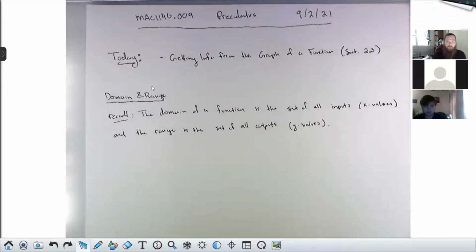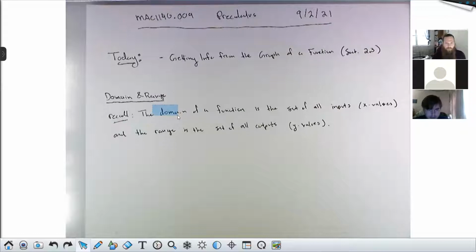So remember, inputs are on the horizontal axis, and usually we call those x values. They could be t or something else if we use a different variable. But the inputs are always the thing on the horizontal axis, and the outputs are always the thing on the vertical axis. And most of the time, we call those y values.